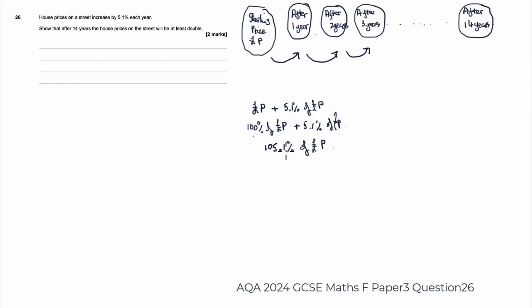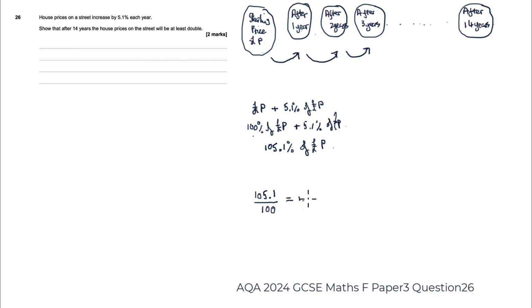Now, what is 105.1%? You know that the percent means divide by 100. And to divide by 100, we'll move that point 2 places to the left, or alternatively the digits move 2 places to the right.